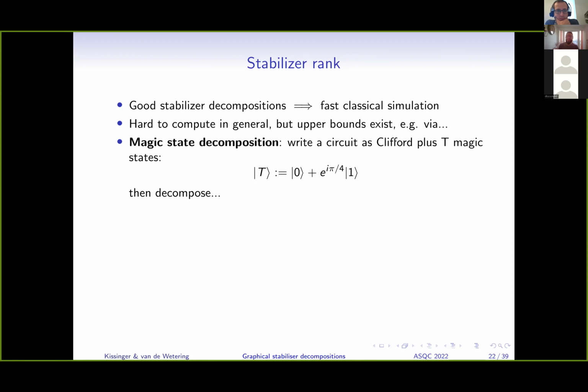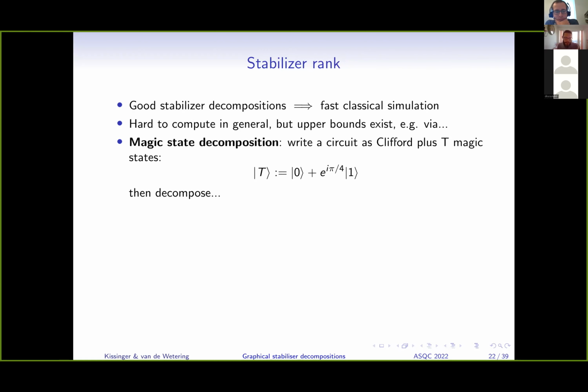A Clifford+T circuit is actually a Clifford circuit which has some T magic states plugged into the bottom, and maybe it has some outputs being post-selected on 0 or something like that. So I write this as a Clifford circuit applied to some T magic states and maybe some 0 states, and then I just decompose as a sum.